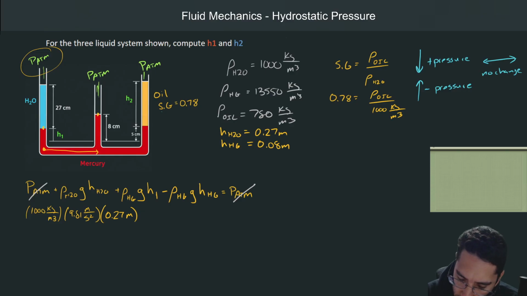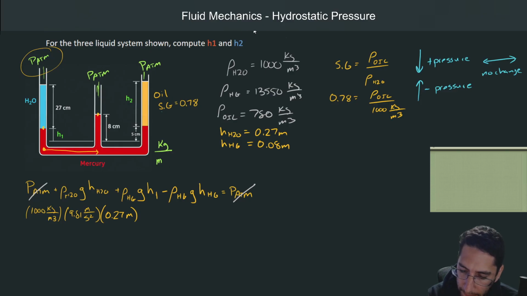I'm going to have a kilogram, a meters cubed, a meter, a second squared, and a meter. These meters combine to meters squared, which cancels with two of those meters. So we get a kilogram per meter second squared.